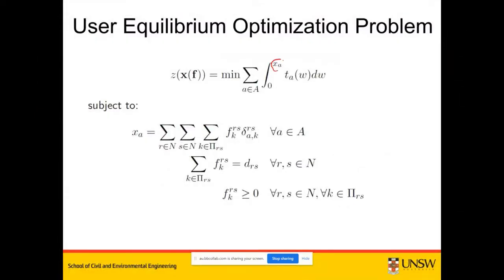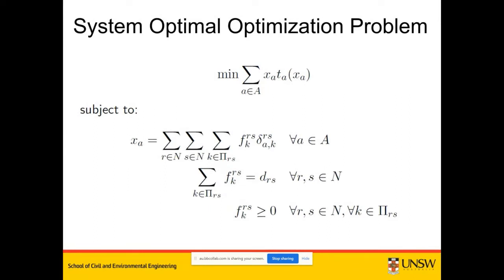The objective function includes link flow. So this is link flow, and this is link travel time. But the constraints have the path volumes.